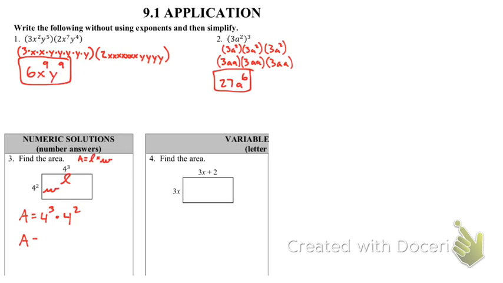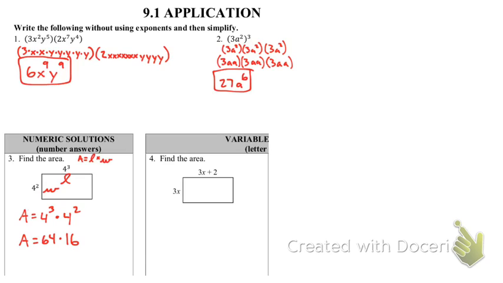So area equals 4 to the 3rd, that's 4 times 4 times 4, which is 64, and 4 to the 2nd is 16.